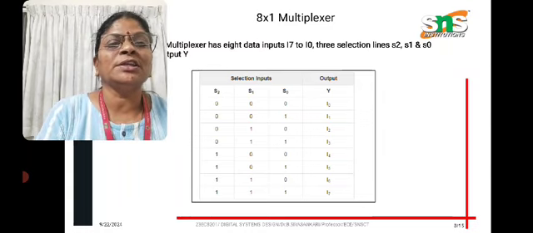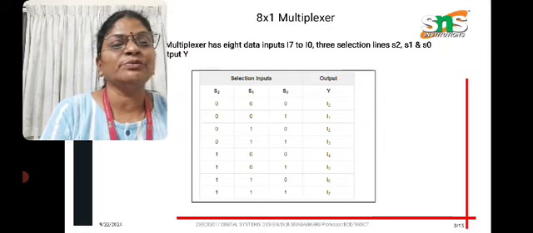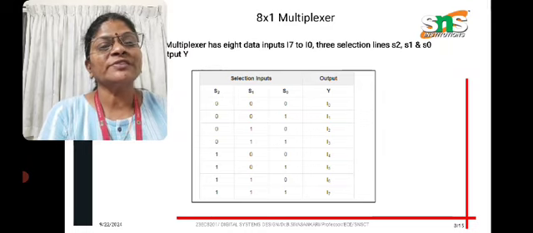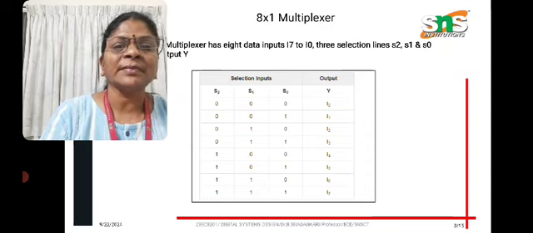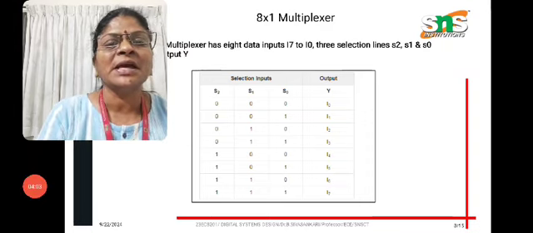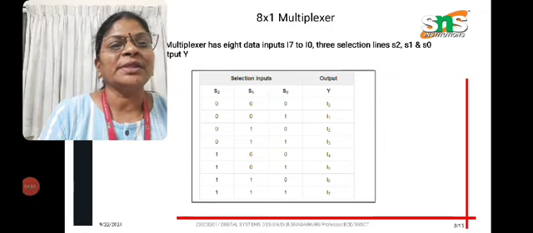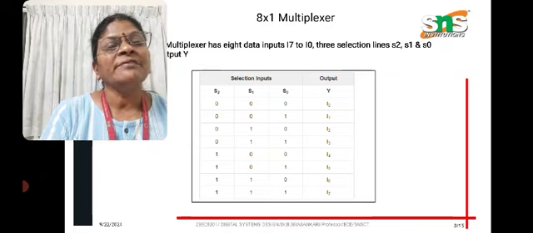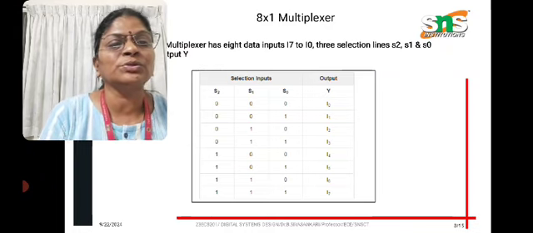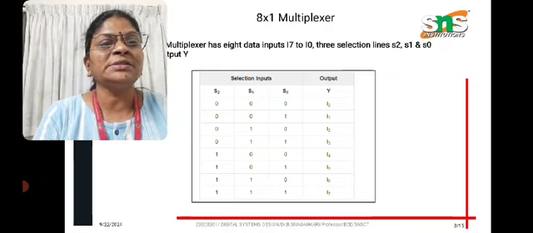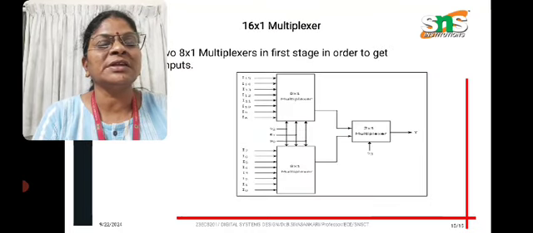At a time only one input will be selected in the output. So 0, 0, 0 means I0, then 0, 0, 1 means I1, I2, likewise in sequence, we may get inputs in our output from I0 to I7. So 8 inputs will be received in our output.